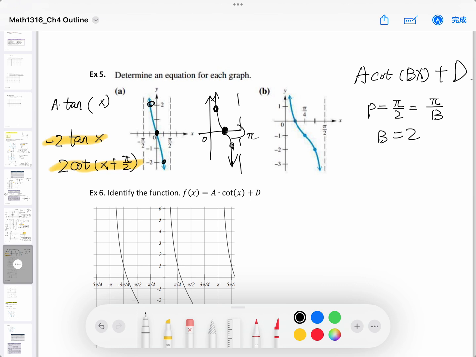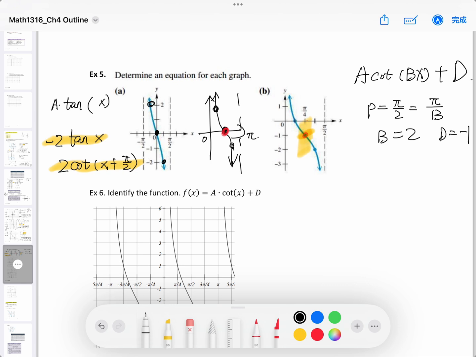And what else? So you see the middle point. The cotangent middle point is at y equal to 0. Oh, it's going down 1 unit. That means D is equal to negative 1. And then do we have vertical stretching or shrinking? Based on the middle point, I'm going up 1 unit, going down 1 unit.